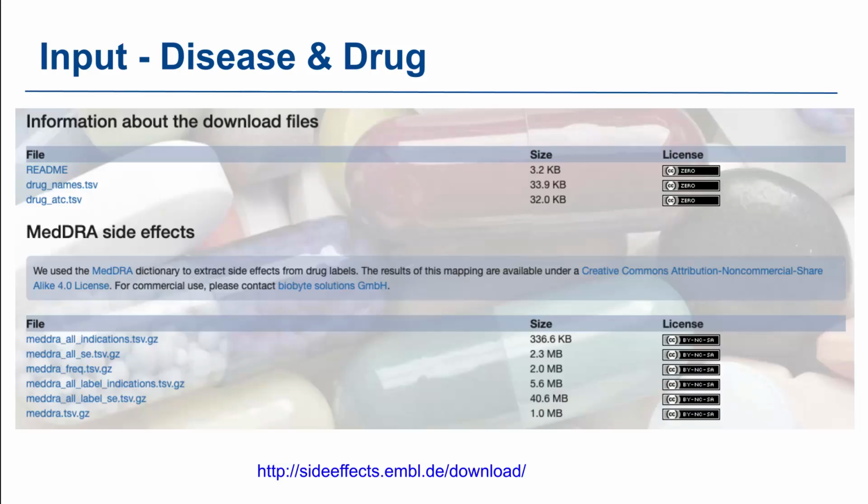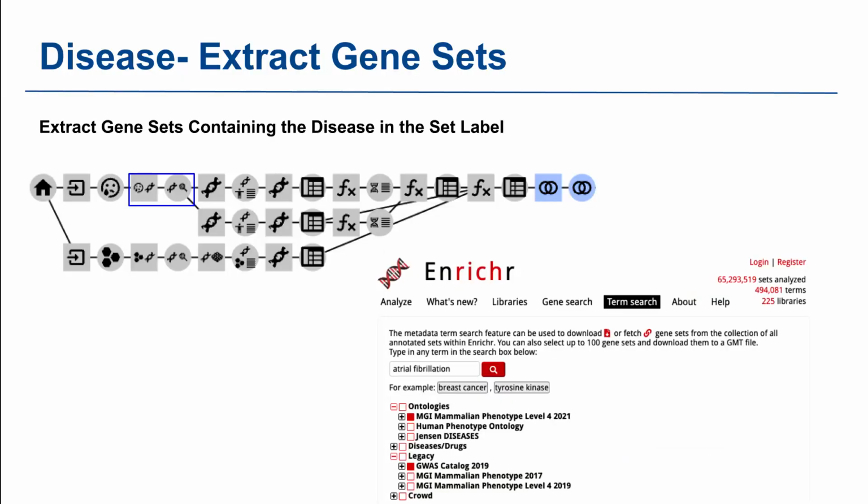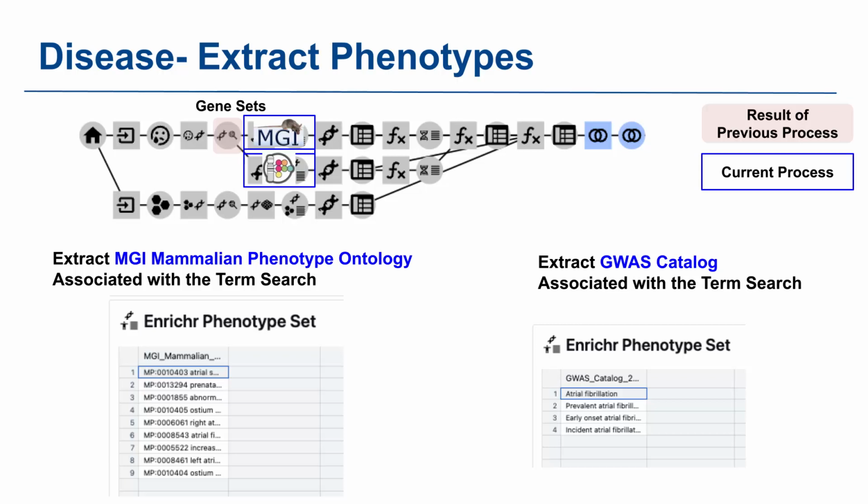You can utilize this web page to discover potential drug-disease interactions for Playbook use case 2. Starting with the input disease, atrial fibrillation, Playbook Workflow extracts gene sets that contain this disease in the set label using Enrichr. We will extract phenotypes from two databases, MGI mammalian phenotype ontology and GWAS catalog, associated with the term search.